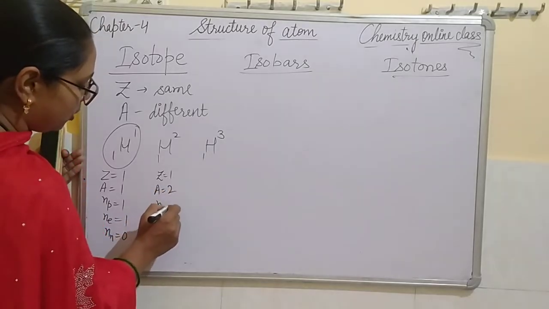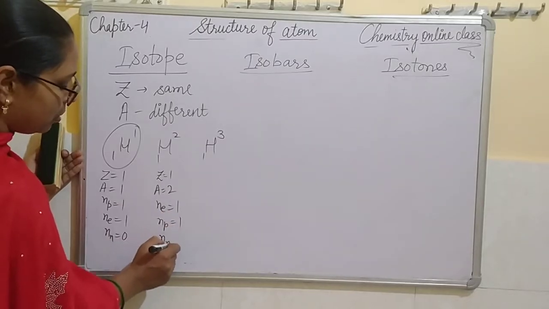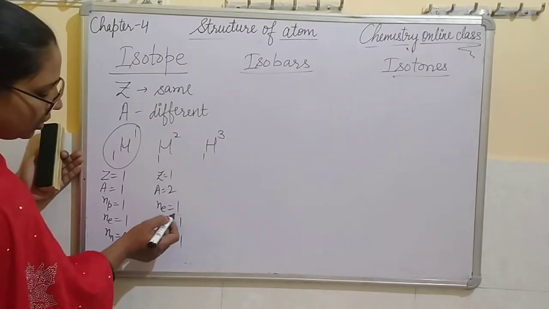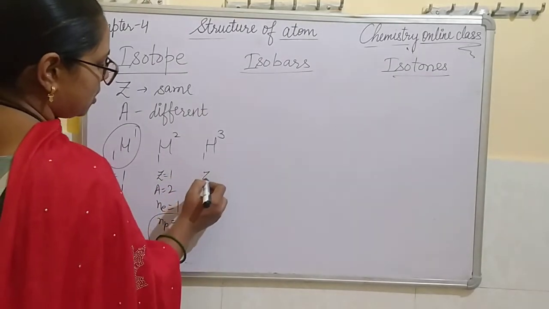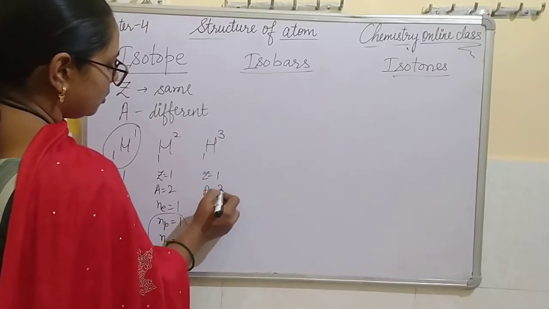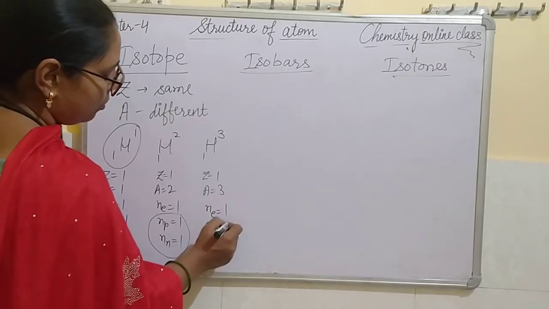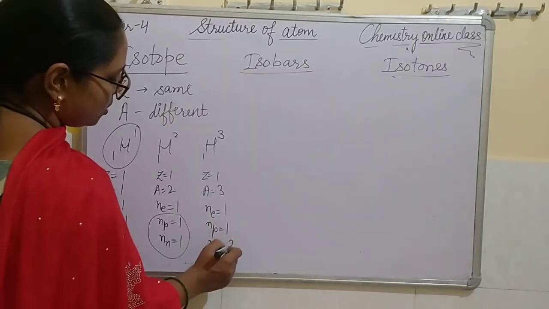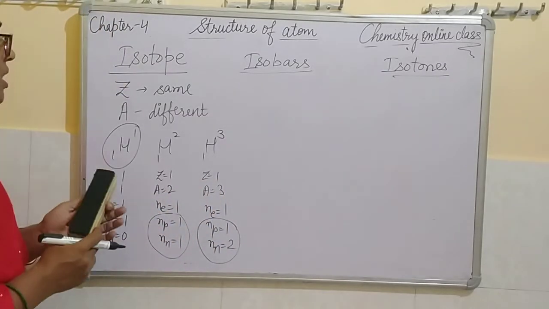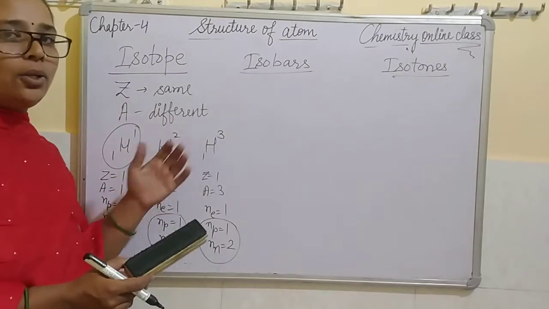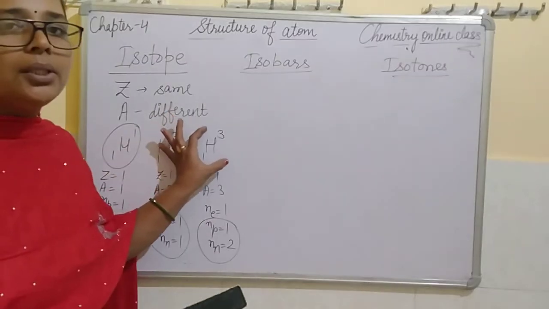That means number of electrons 1, number of protons 1 similar to Z, but number of neutrons is also 1, so that collectively they form A as 2. And this one Z is 1, A is 3. That means number of electrons 1, number of protons 1, but number of neutrons is 2. Collectively they form A equals 3. So these are the 3 isotopes of hydrogen, and we name them protium, deuterium and tritium.